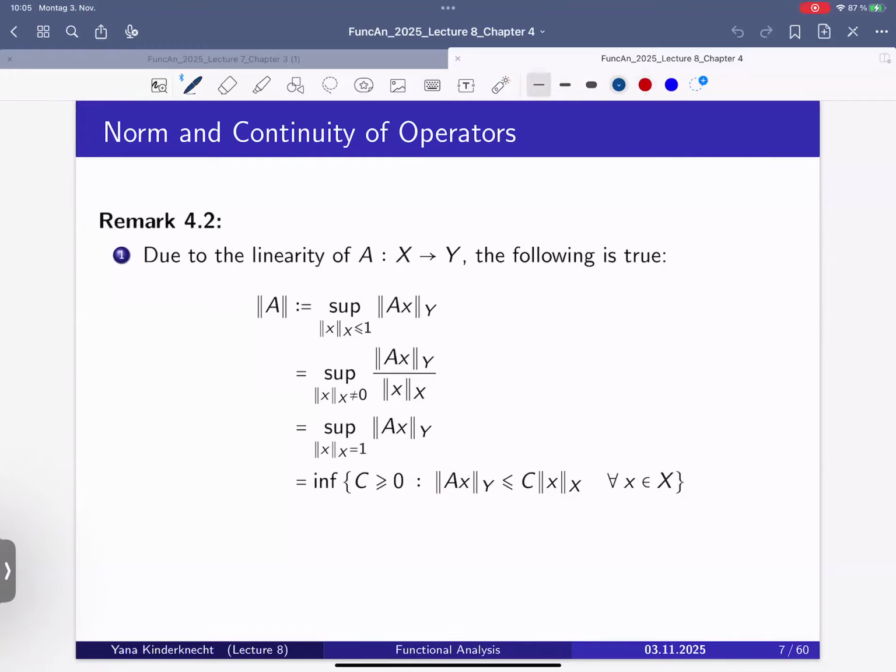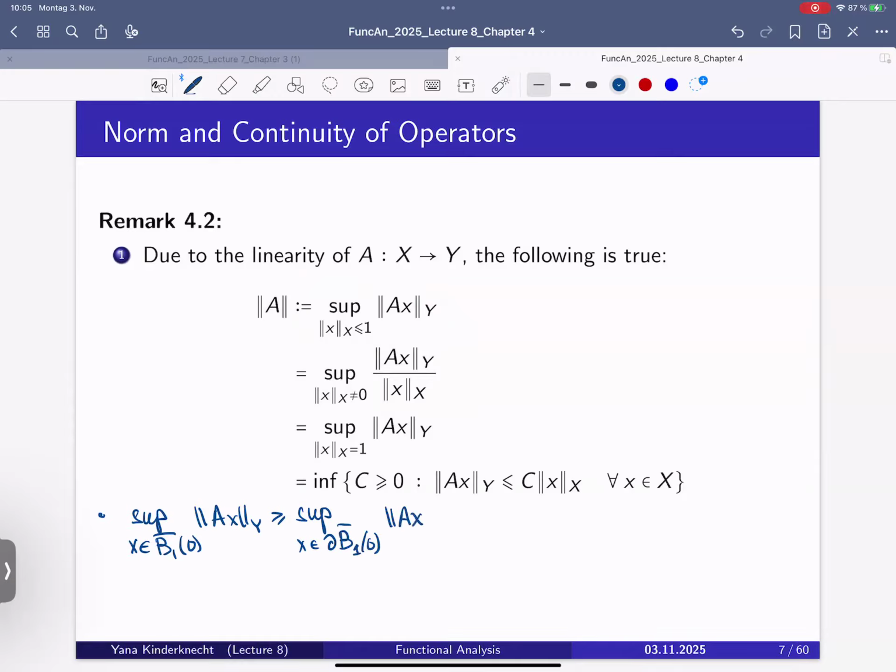In particular, let us compare this guy and this guy. On the one hand, the supremum over the closed unit ball of something is, of course, not smaller than the supremum over just a part of this unit ball, namely only the boundary, the unit sphere.